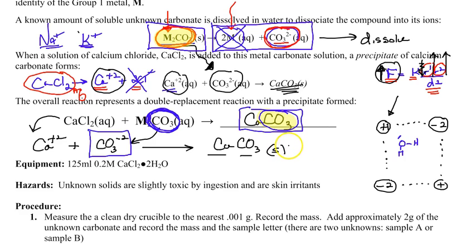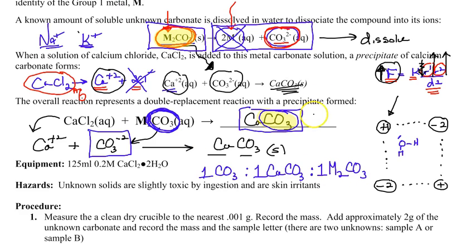And what is that piece of information? Every 1 carbonate is the same ratio as 1 calcium carbonate, which is the same ratio as 1 metal carbonate.